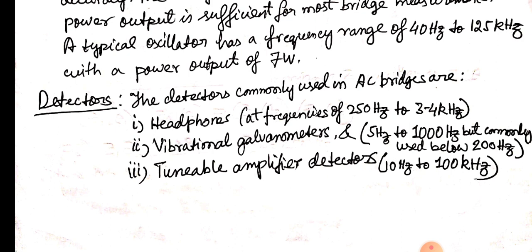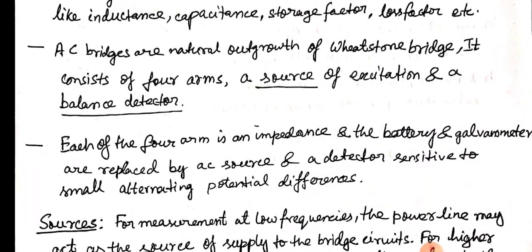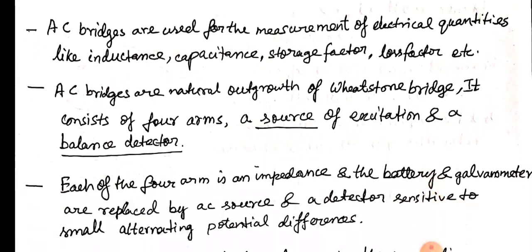Number two, vibration galvanometers, which are used in the frequency range of 5 Hz to 1000 Hz but commonly used below 200 Hz. And number three, tunable amplifier detectors, which are used in the range of 10 Hz to 100 kilohertz. So this is all about our sources and detector part, right?